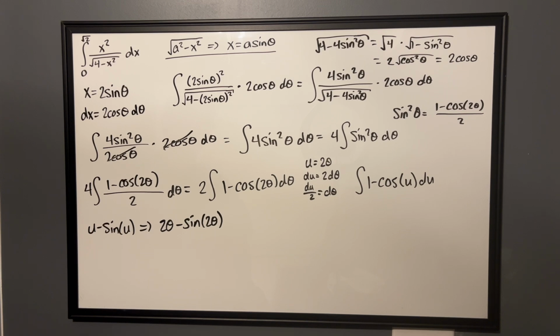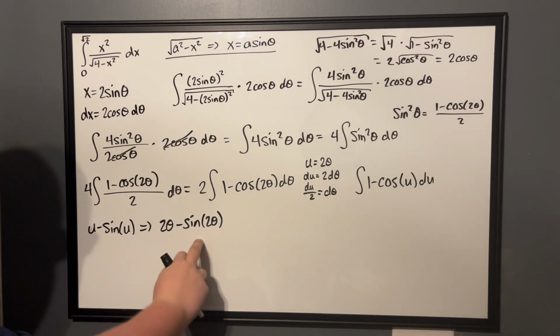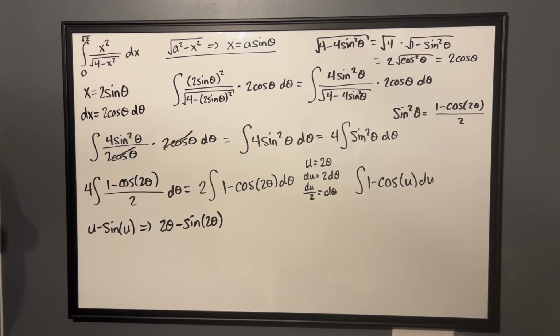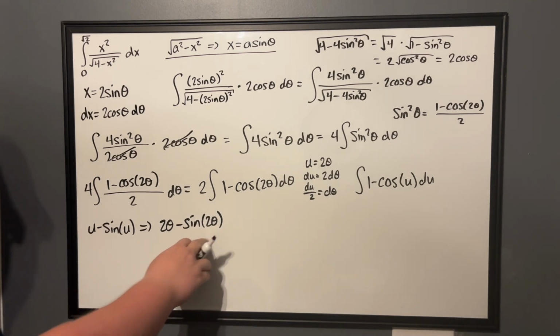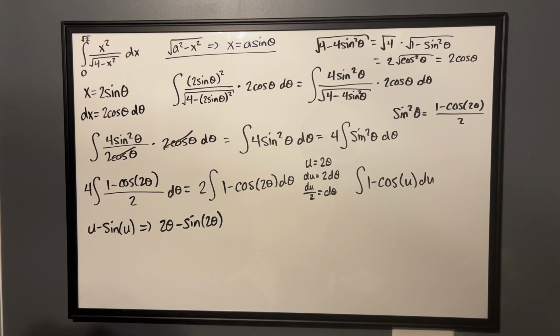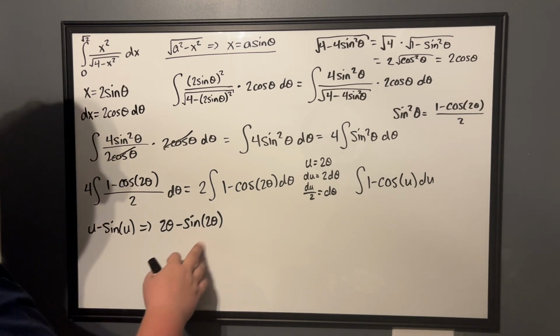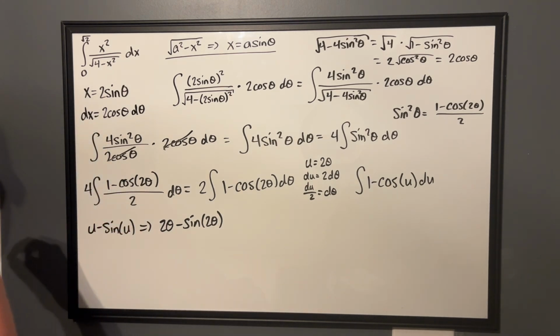Now, we still are not done because remember we started out in the x world and now we're still in theta. So we need to change these thetas back into something that is in terms of x. Now the problem is we don't really have a good solution for what 2 theta is. You know, we could get there, but getting 2 theta is going to be harder than just getting theta from what we started with.